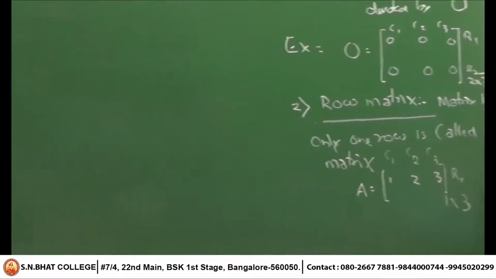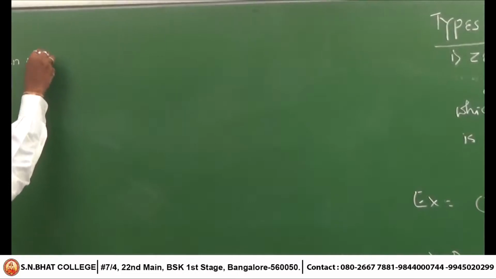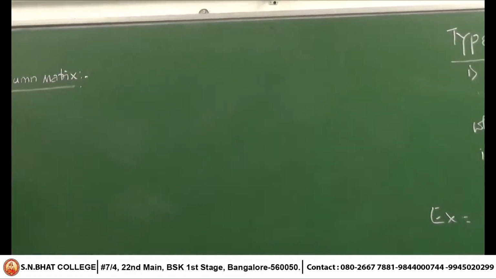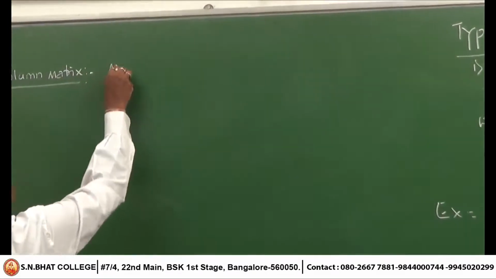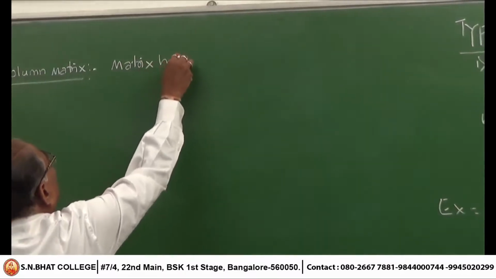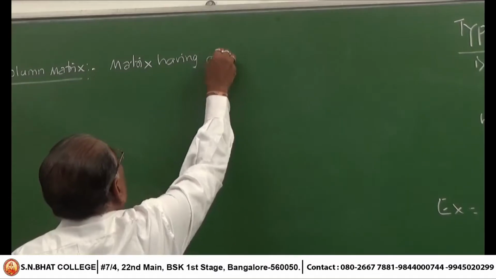Next, the third one is the column matrix. It is a matrix having only one column.